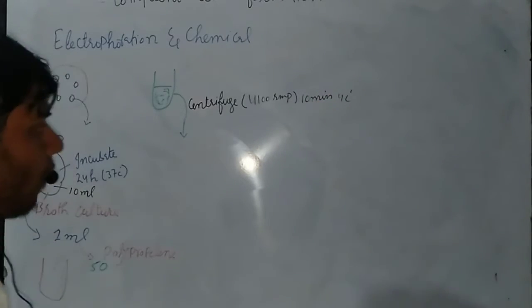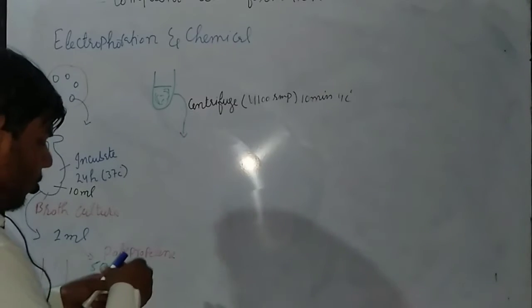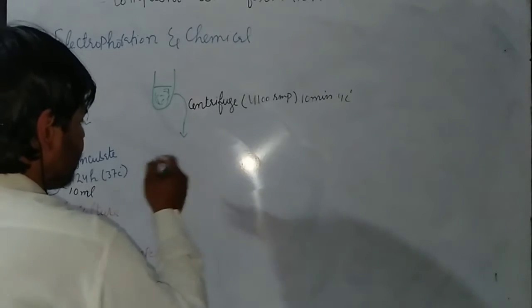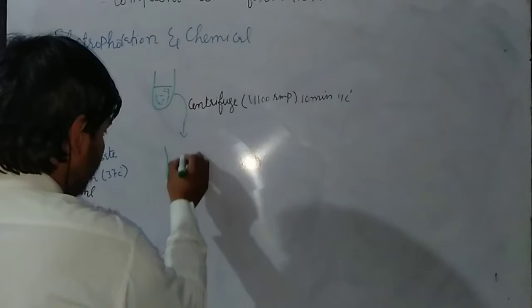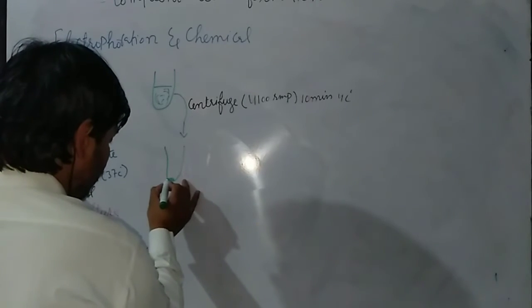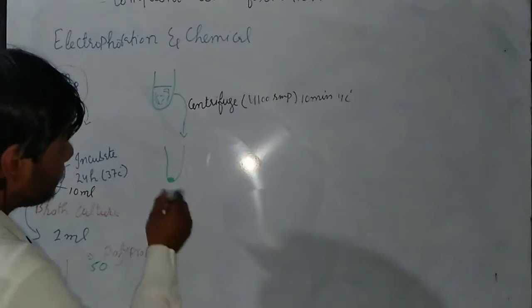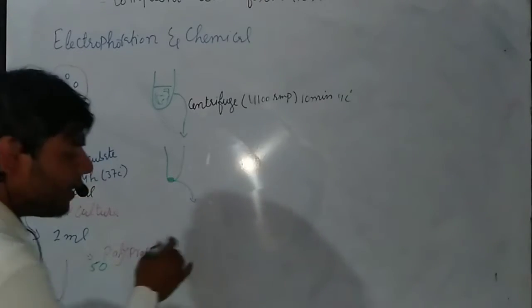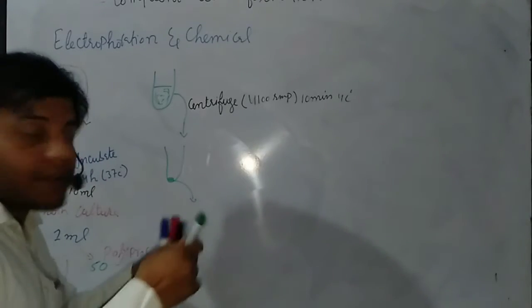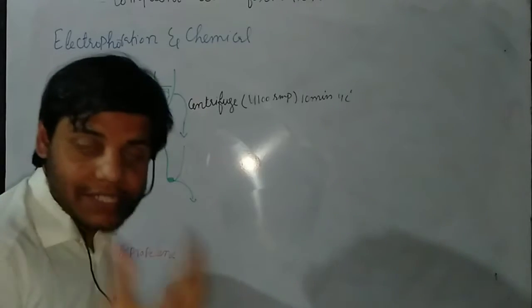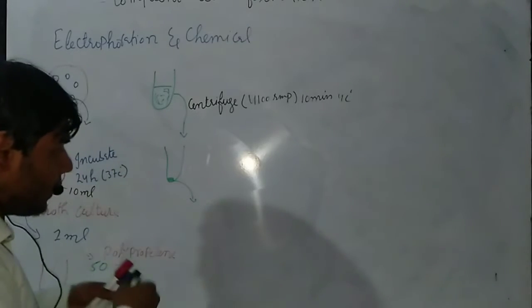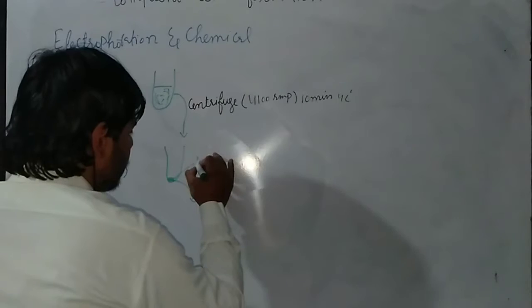Now after the centrifugation, we see the pellet formation here. So the pellet is formed. After that, we will resuspend the pellet. How can we resuspend the pellet? This is the pellet.